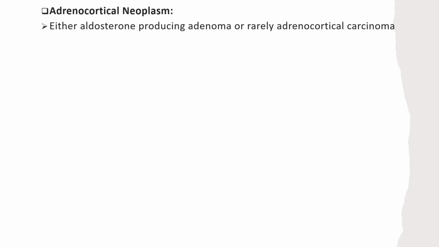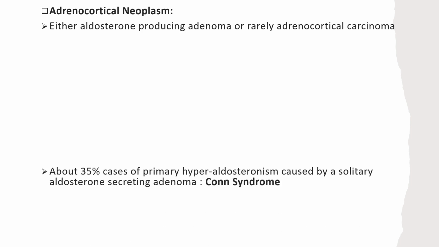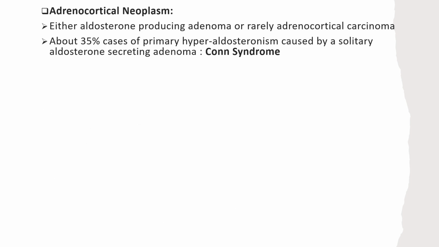And next we see adreno-cortical neoplasm. Here, either aldosterone producing adenoma or rarely adrenocortical carcinoma are present. And this account for about 35% cases of primary hyperaldosteronism, that is caused by a solitary aldosterone secreting adenoma, that is constituent that we discussed earlier.